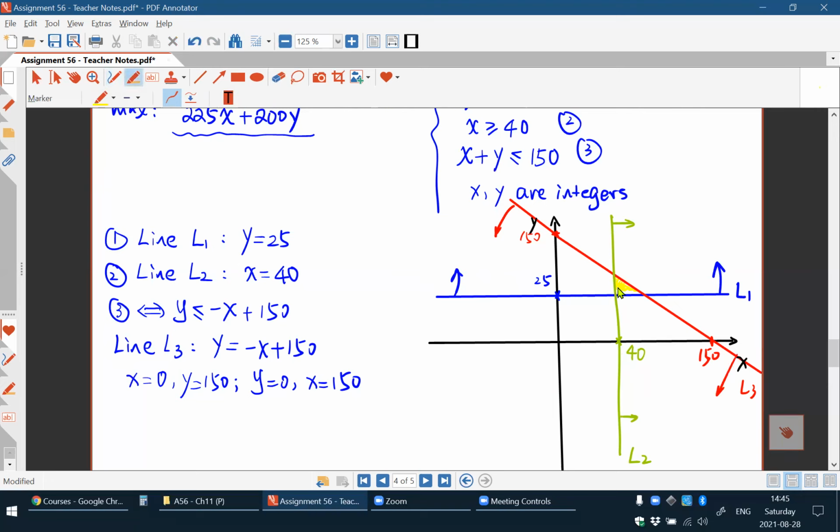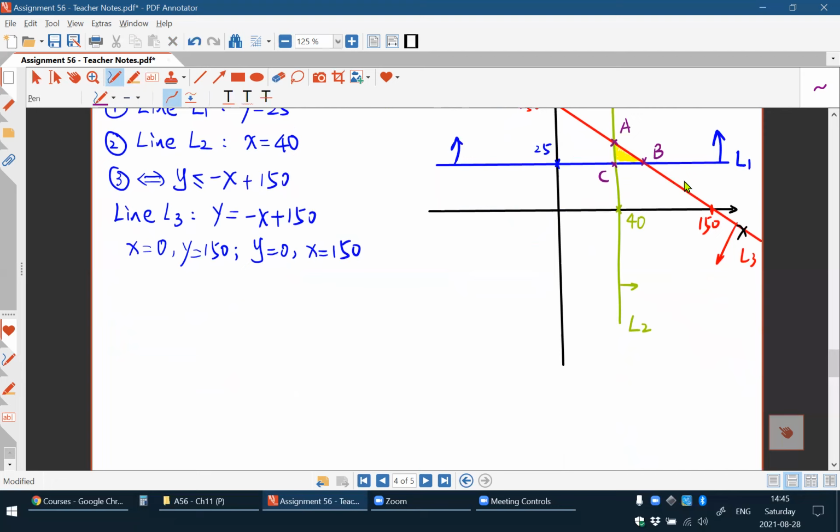So the shaded area here is all bounded area. We need to consider the value of the target function only in this area, right? So according to the theory, we need to check only the vertices, right? So let's call them A, B, and C. Okay, so next step, we need to find coordinates of A, B, and C respectively.